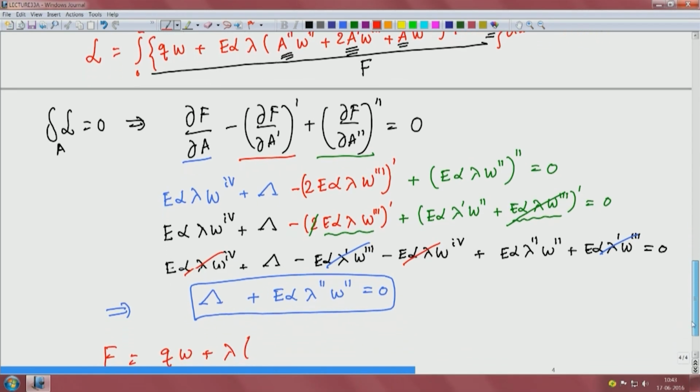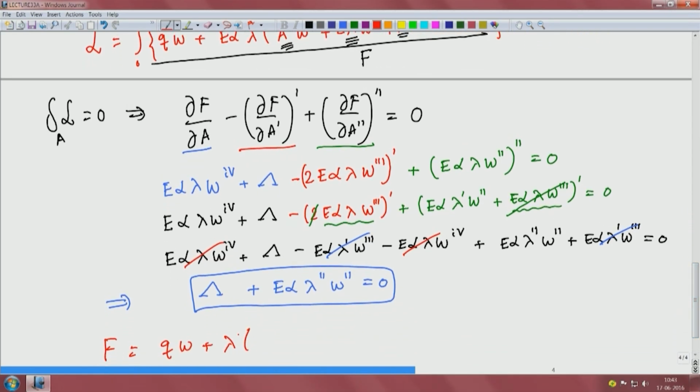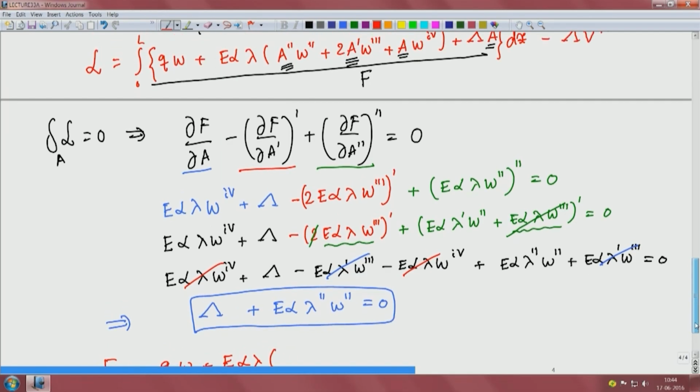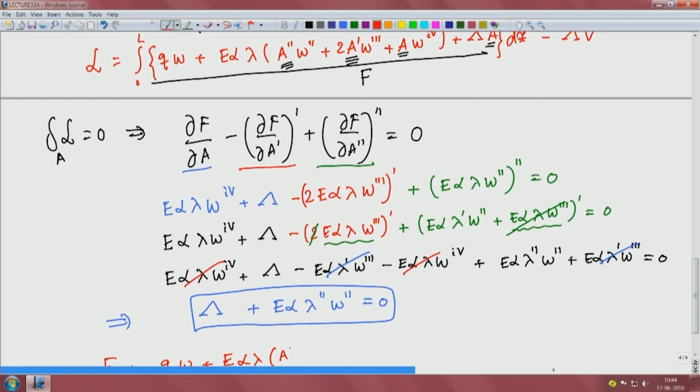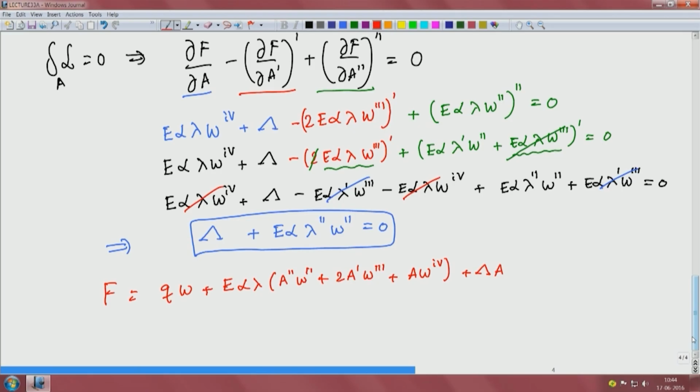So, E alpha lambda into A double prime w double prime plus 2 A prime w triple prime plus A w fourth derivative plus lambda A, that is the integrand.